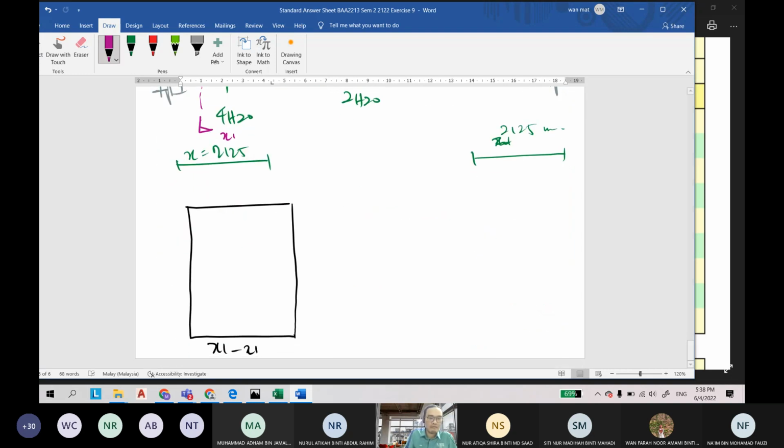At the top you have 2H16, and at the bottom you have 4H20: 1, 2, 3, 4.